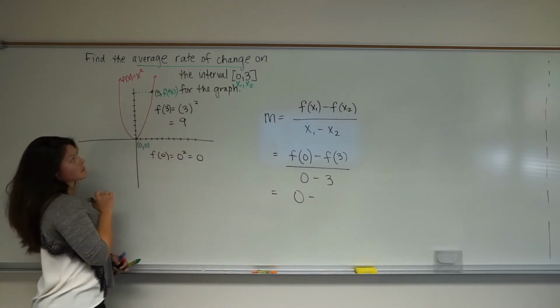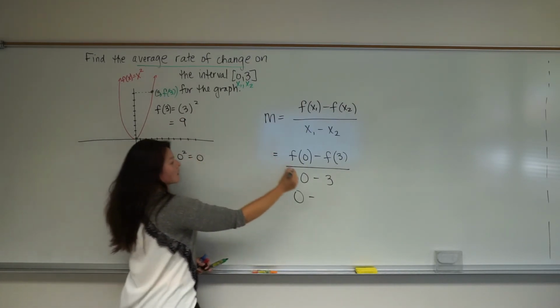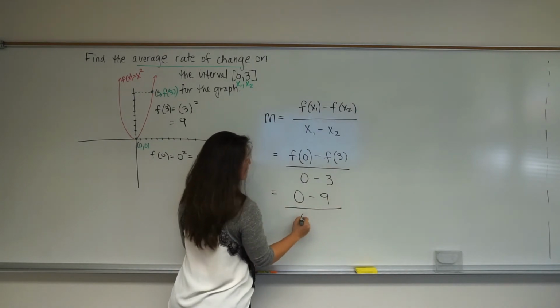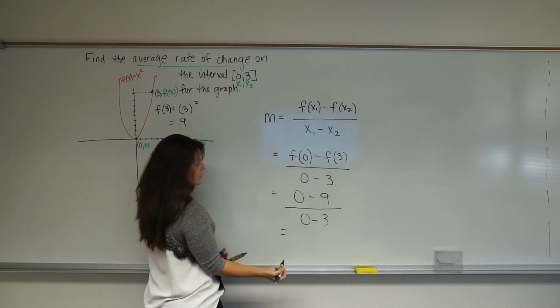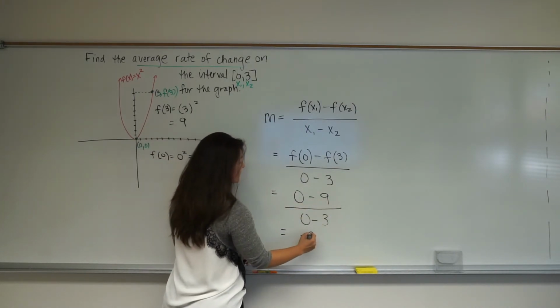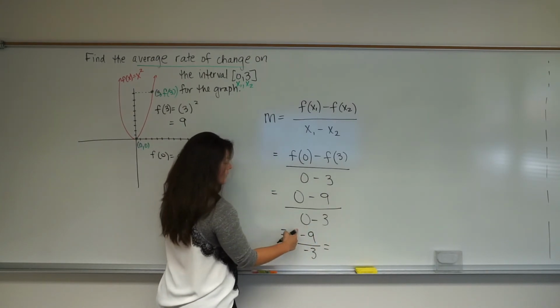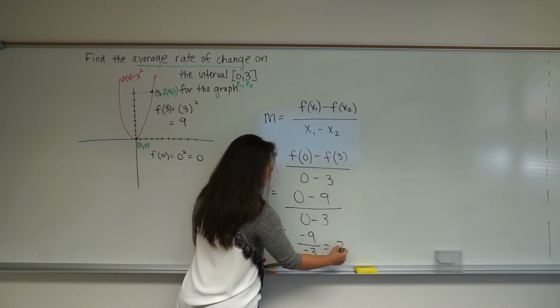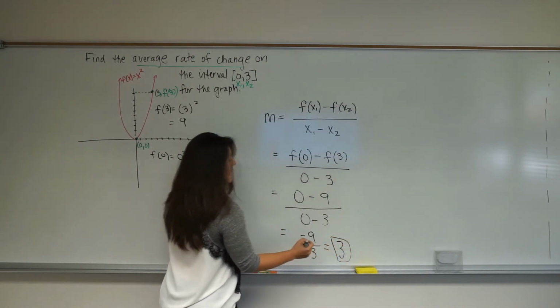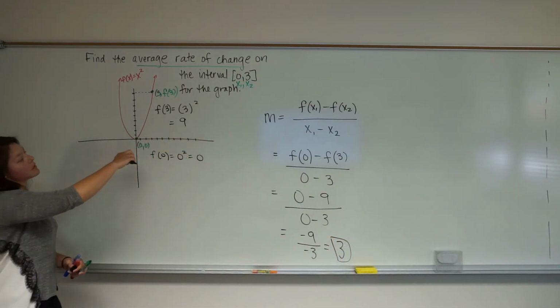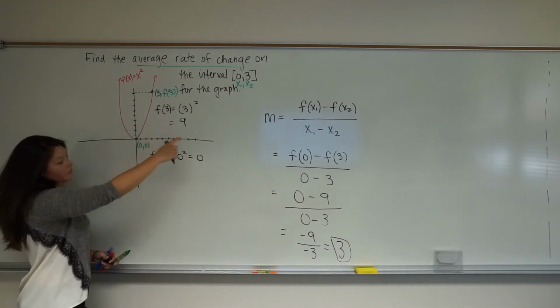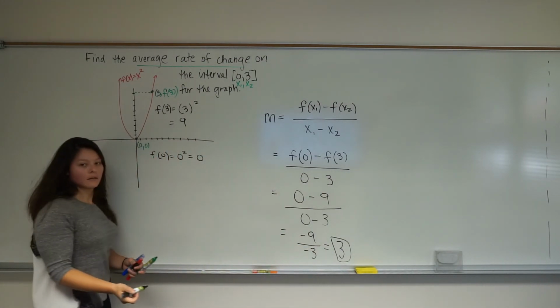So I get 3 squared, which is 9. 0 minus 3 in the denominator, and let's simplify. 0 minus 9 is negative 9, 0 minus 3 is negative 3, and negative 9 divided by negative 3 is positive 3. So the average rate of change on the interval 0 to 3 for this graph is 3.